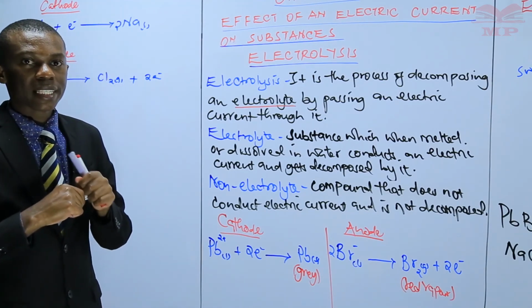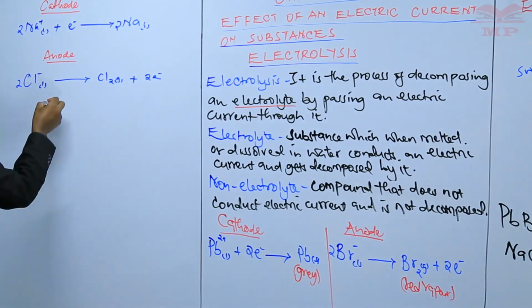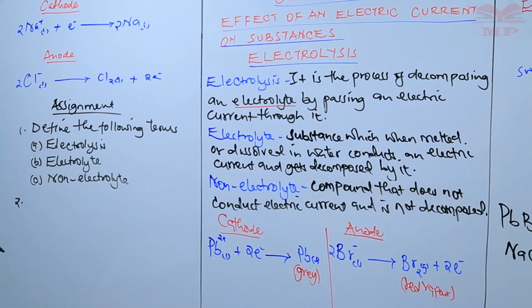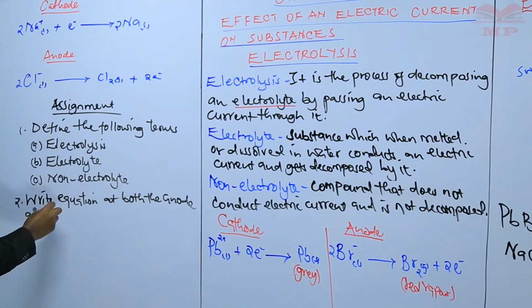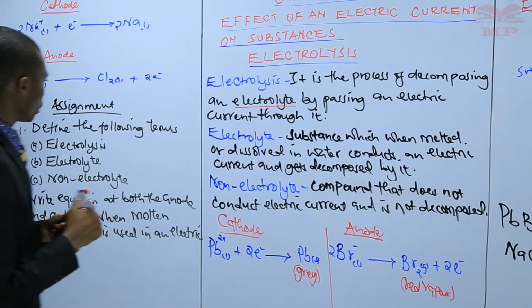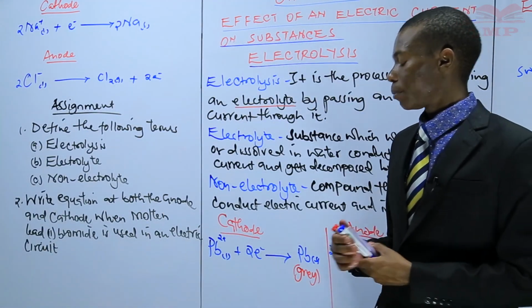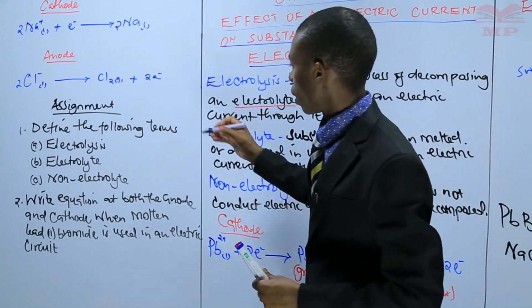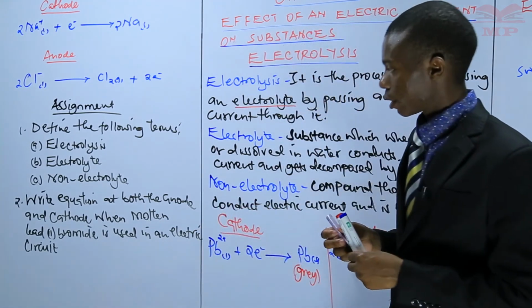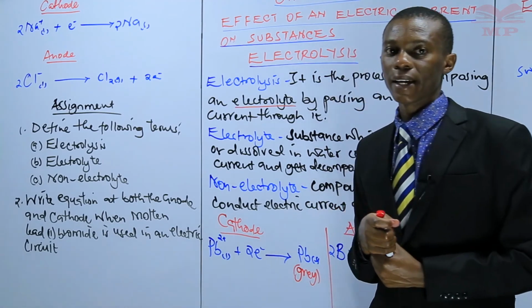And I'm leaving you with this assignment. I have 2 questions. The first question is define the following terms: one, electrolysis; second, electrolyte; and third, non-electrolyte.